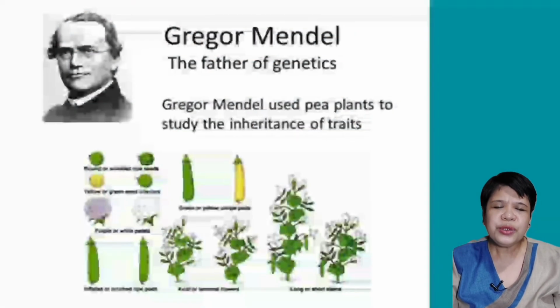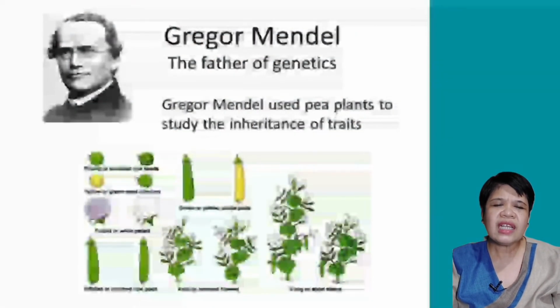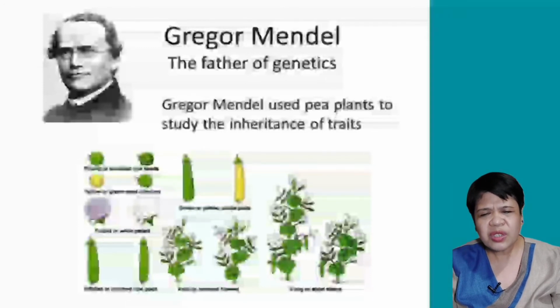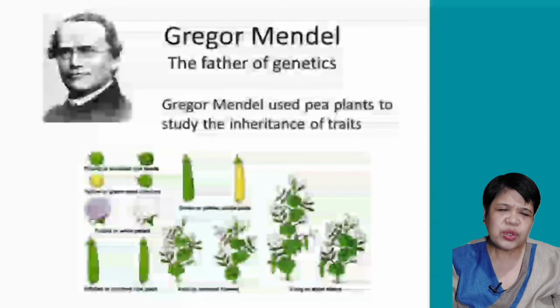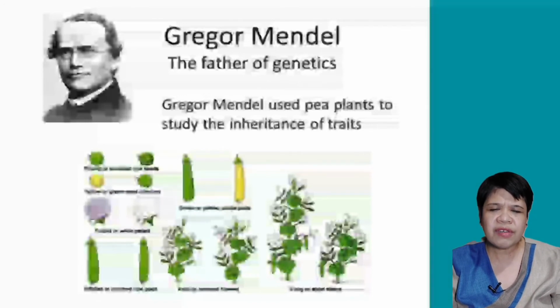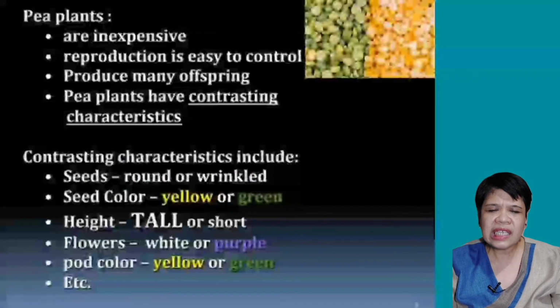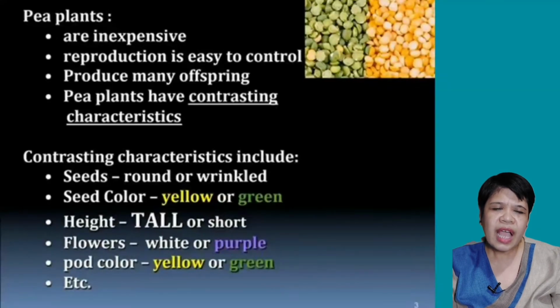Correct. He chose peas because they had been used for similar studies. And what are the reasons? It is easy to grow and can be sown each year. Pea plants are inexpensive. Reproduction is easy to control. They produce many offspring and have contrasting characteristics.